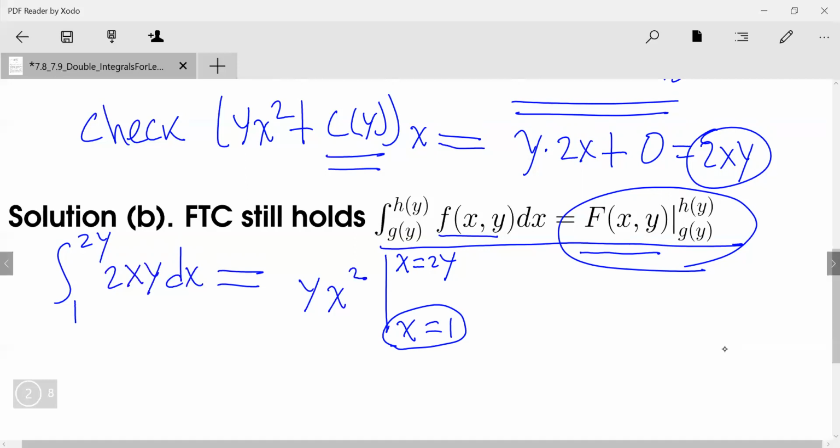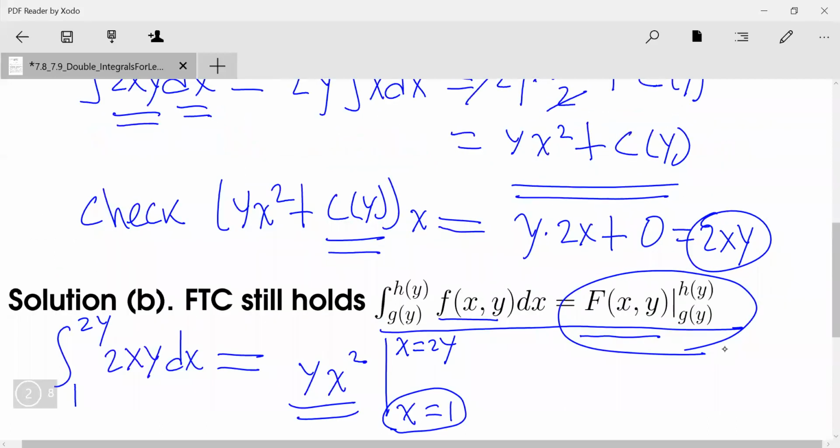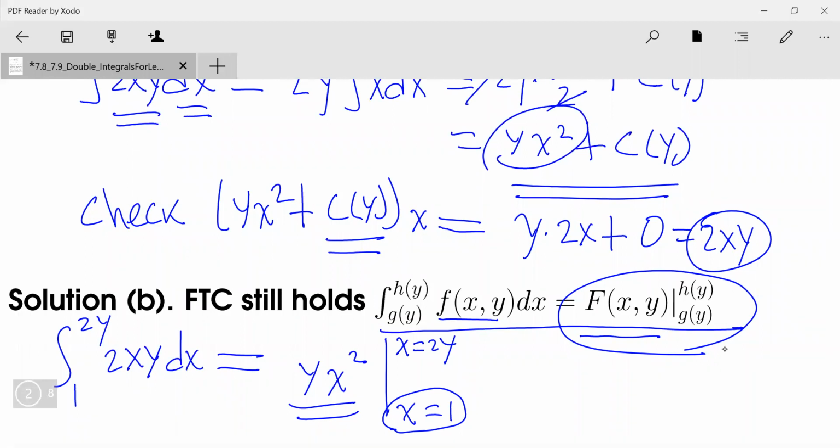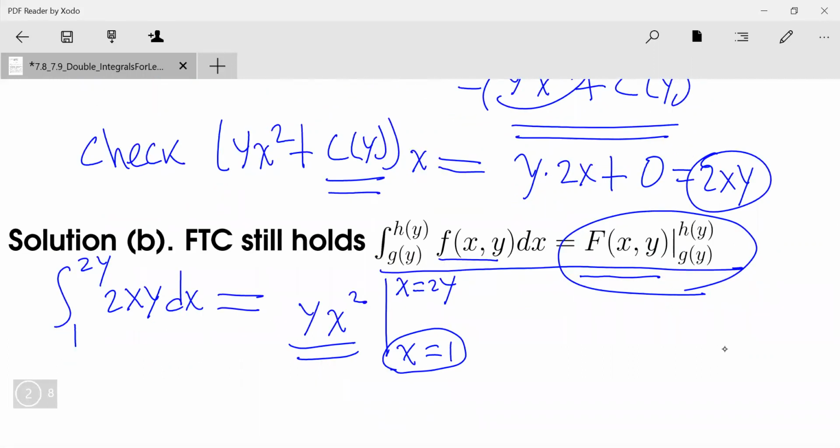Notice here, y x squared comes from the antiderivative we found earlier. We do not have to worry about the c of y because it does not affect the definite integral.